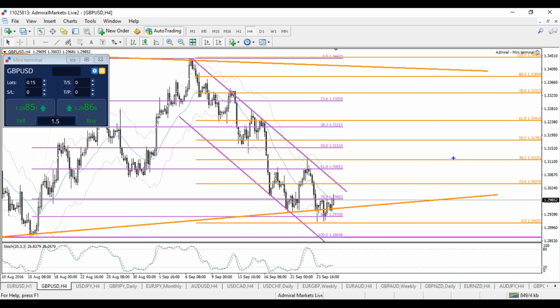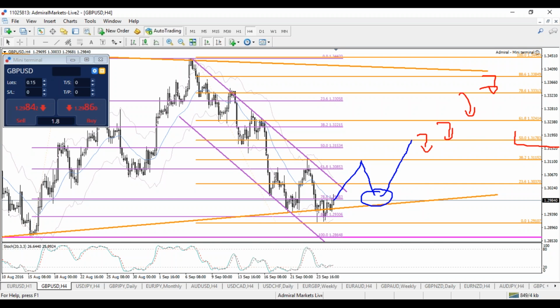But I would expect it to go at least to the 50. I wouldn't expect it to stop earlier than that. That means that effectively, once you break above this purple channel and you get a higher low here, there's a good buy opportunity, I think, up to the 50. Then there's also good opportunities to look for bounce trades at any of these four fibs. Could be the turning spot.